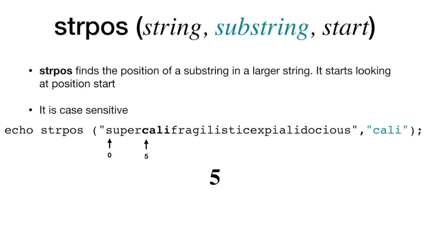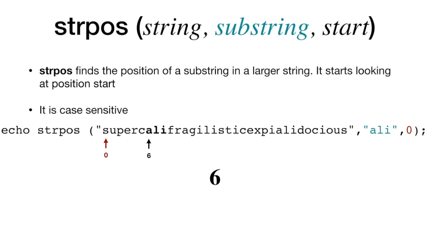Now, if we put in the start position, then it won't start at 0. It'll start looking for it at position start. So here, I want to find in supercalifragilisticexpialidocious the string ali, and I want to start at position 0.